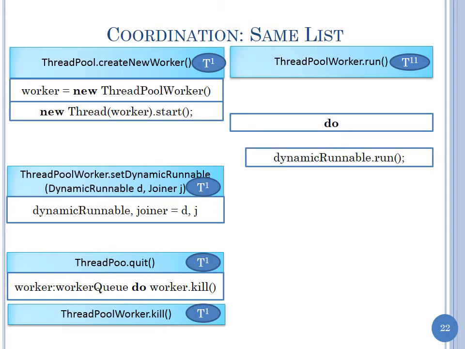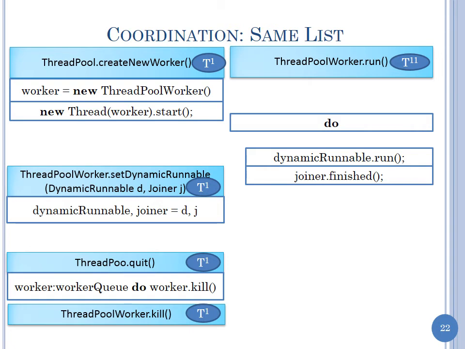It goes and just says, what's my dynamic runnable? Let me go and run it. Right? So what should it do after the run? Access a joiner. So not join, call finished.